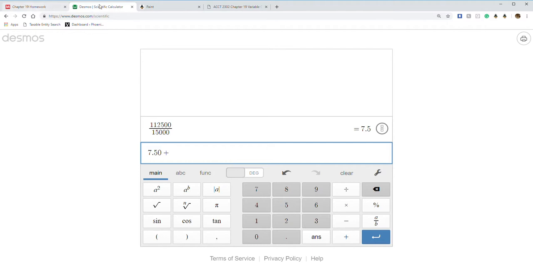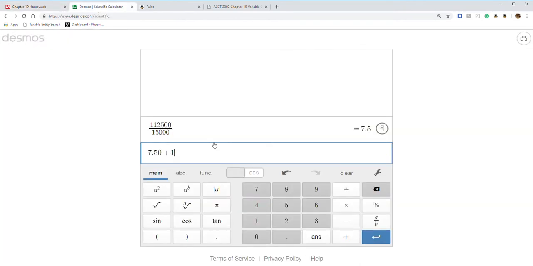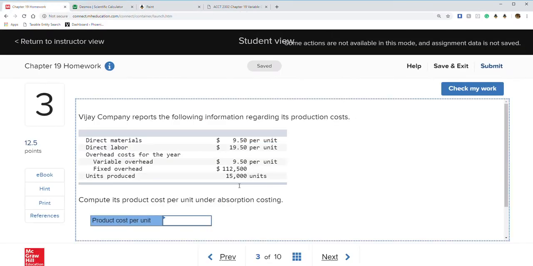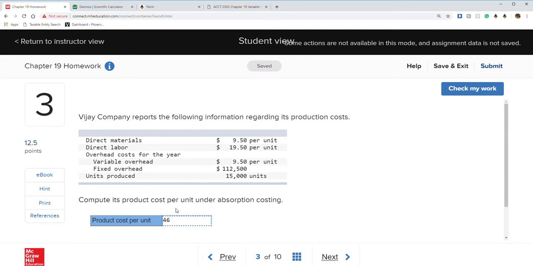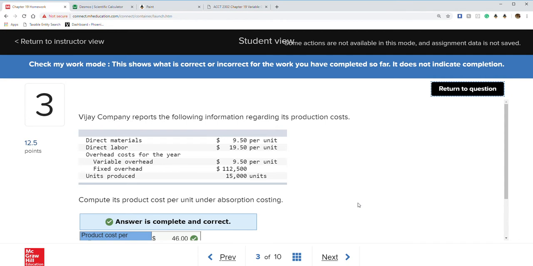Okay, and we're just going to add the rest. 950 times 2, and we come out to $46.00. Make sure you always put 2 decimal places or Connect's going to be mad at you. So check my work, and we are good.